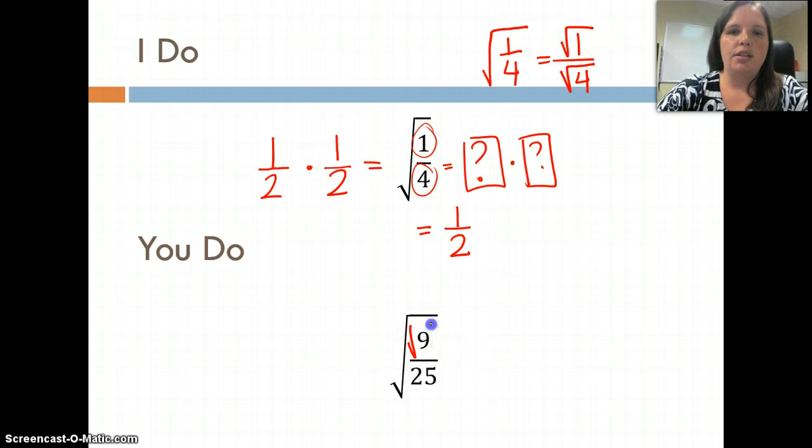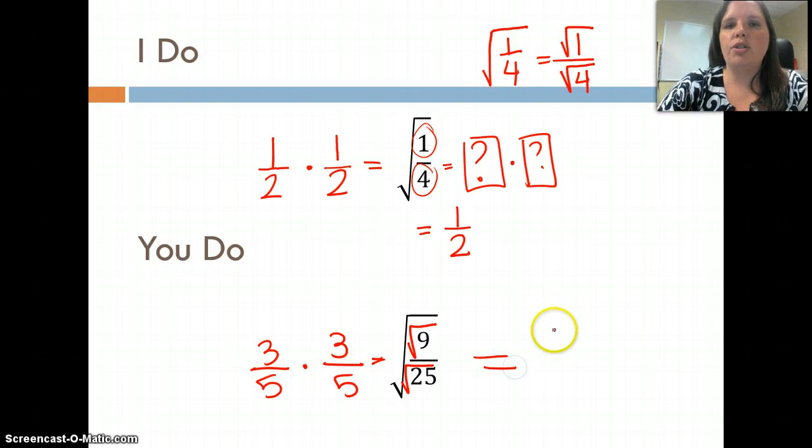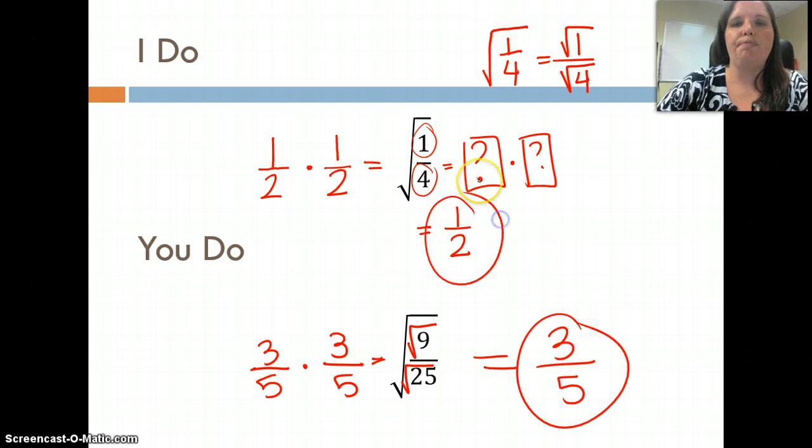Again, you want to take the square root at the top and the square root at the bottom. What fraction times itself gives you 9 over 25? Well, what gives you 9? 3. What gives you 25? 5. So the square root of 9 over 25 is 3/5.